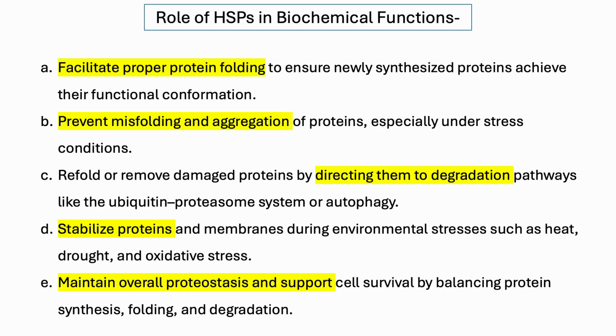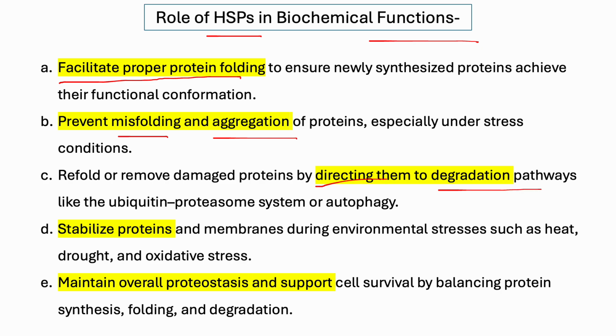So let's again talk about the roles of heat shock proteins in biochemical function. First is facilitating proper protein folding. As I showed earlier, how chaperone and chaperonin complete the correct folding structure, and then they prevent misfolding and aggregation of protein. And if misfolding occurs, then what happens? Then they direct them to the degradation pathway.